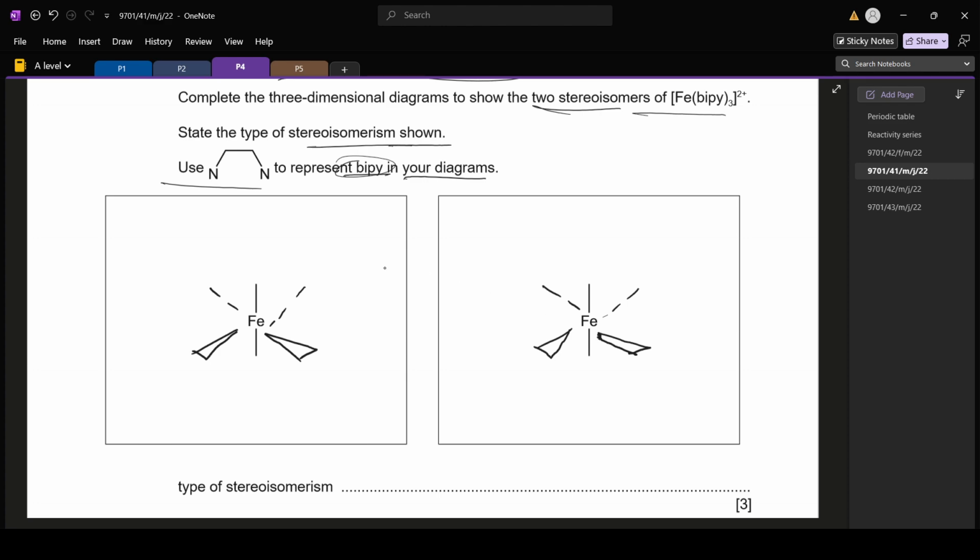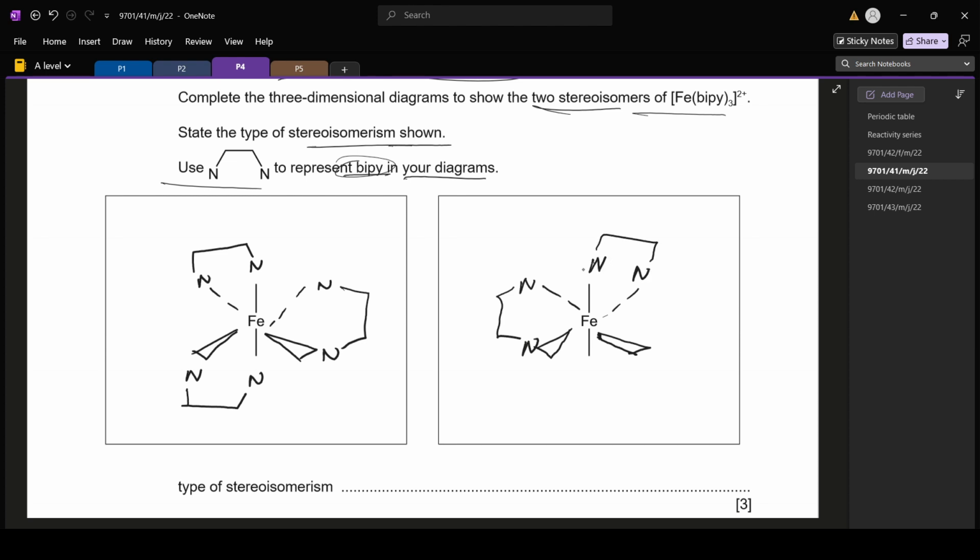So firstly we have N, we have to show the dative bond with this symbol, okay. So this is like this, and then the other is going to be a non-superimposable image of it.